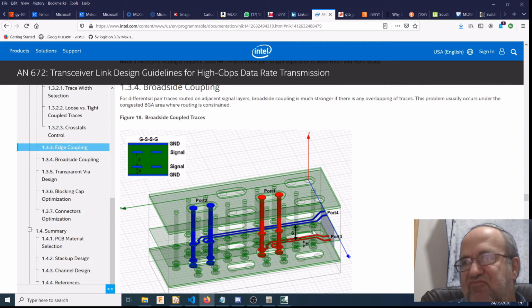And here there's a height difference between the pairs.